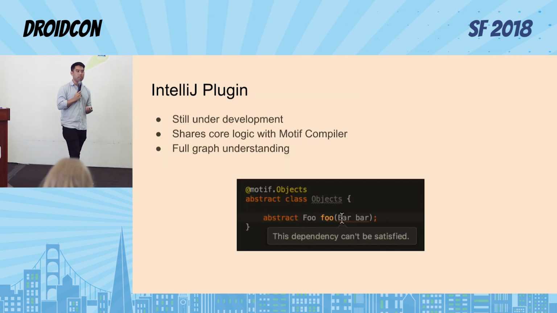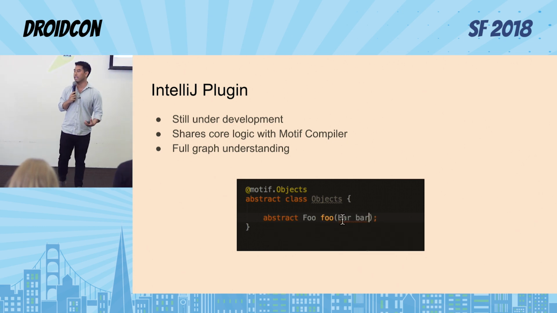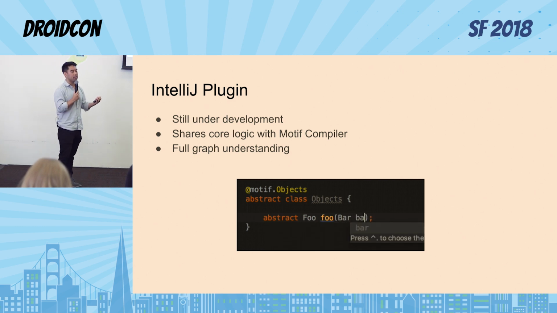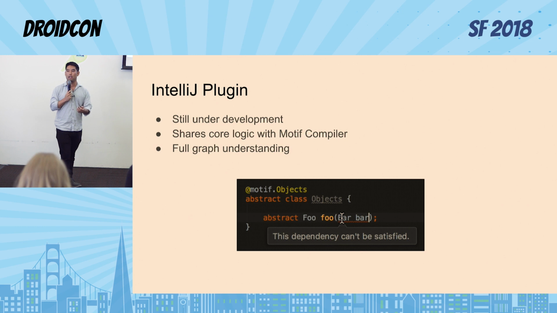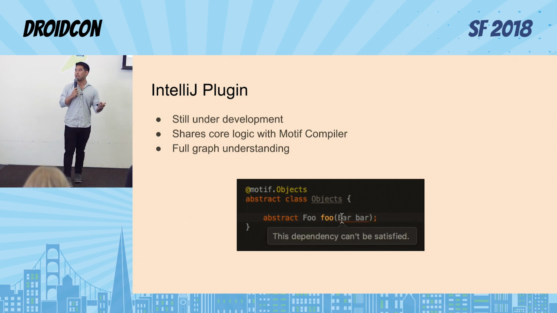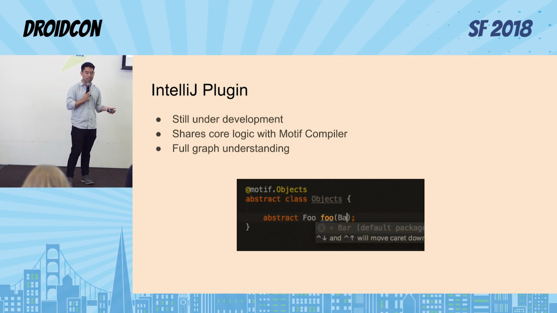This is still under development, but this is what we envision for the future of IDE integration for Motif. Once we have a full graph understanding inside of an IntelliJ plugin, we can do really cool things like real-time graph validation. We all have run into that dreaded missing dependencies or missing bindings error in Dagger world.